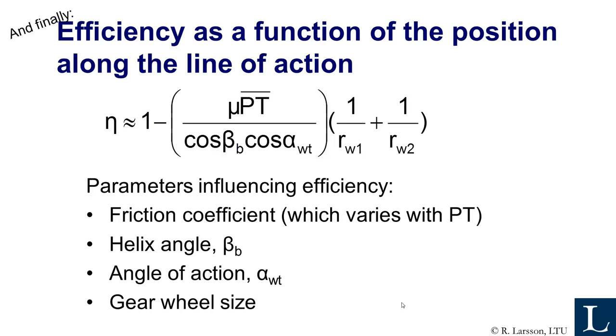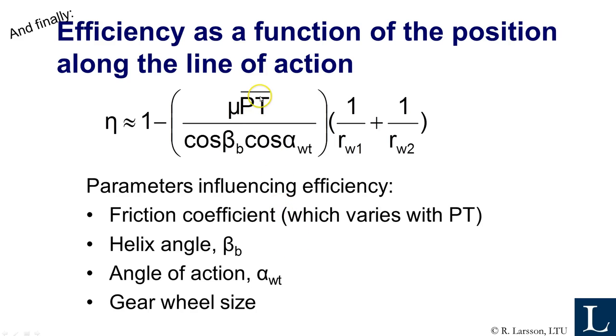So putting everything together now, putting the expression for the delta into the equation for efficiency, you end up with this one. So efficiency is 1 minus something. So the bigger this something is, the more losses we got. And you can directly see here what is influencing efficiency.